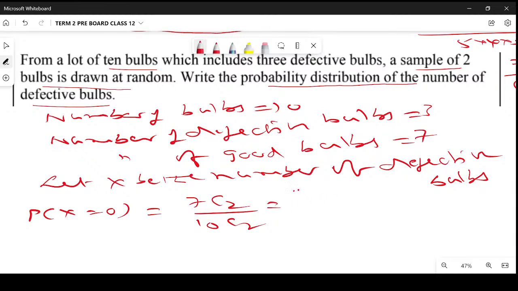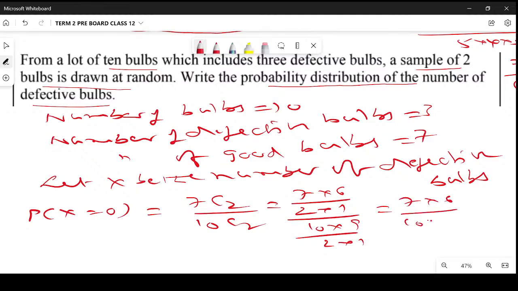What is 7C2? 7 into 6 by 2 into 1. 10C2 is 10 into 9 by 2 into 1. If I simplify this, you can write 7 into 6 by 10 into 9. Then I can simplify this: 3 threes and 2 fives.